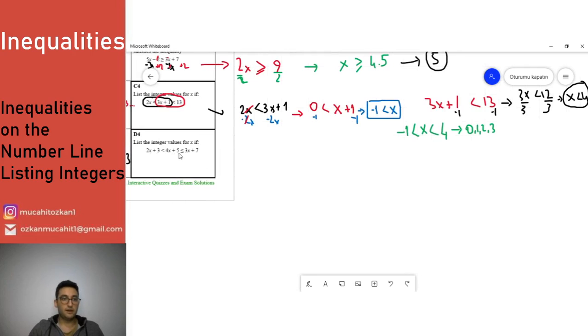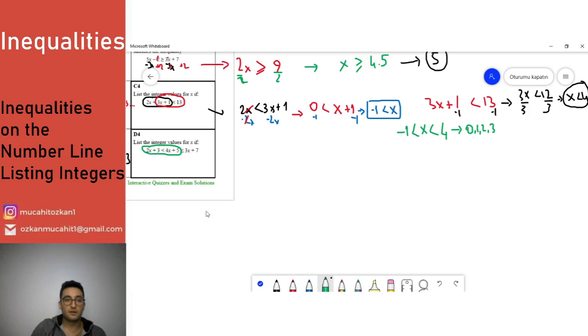And the last question. Again, as you can see, we have x unknown in 3 parts of the inequality. I'm going to split it into 2 parts. Let's say this is the green one and the blue one is right here. Be careful with the signs again.